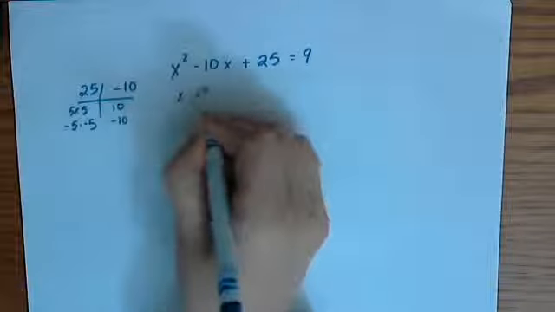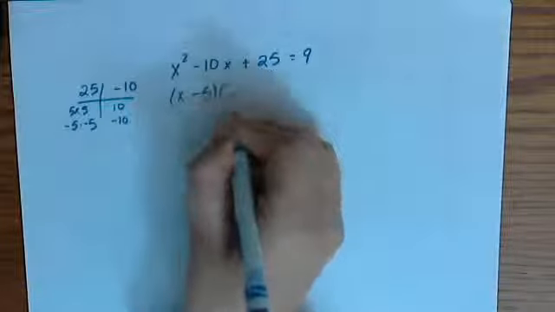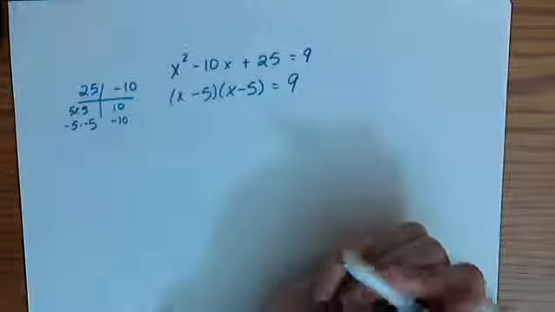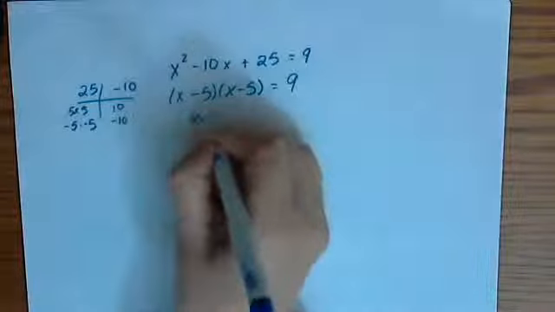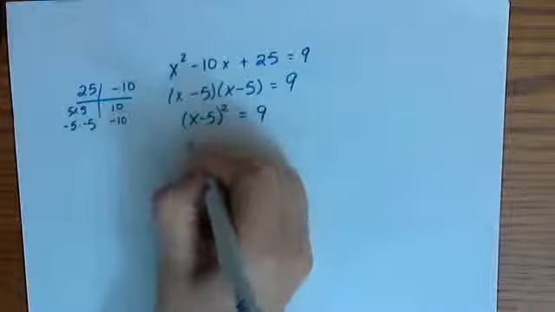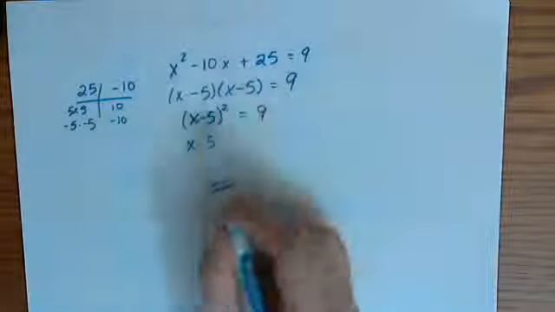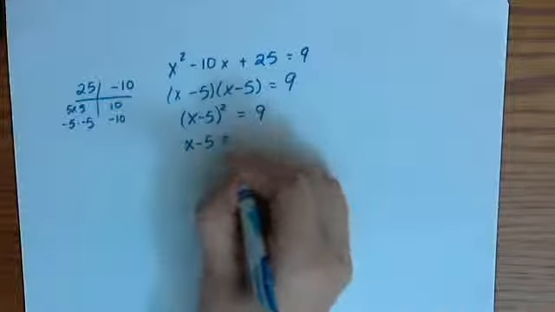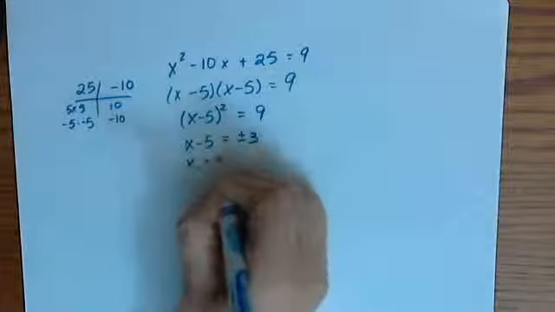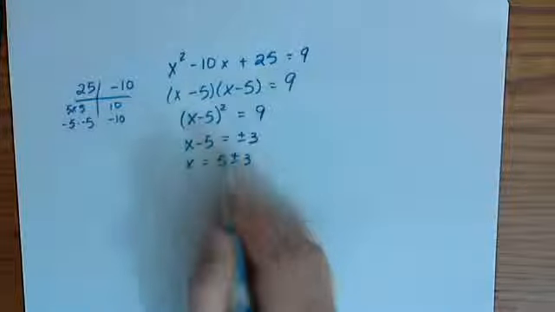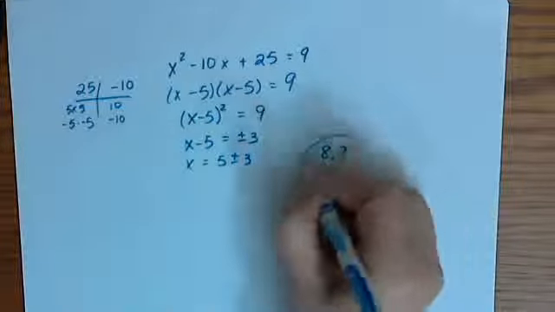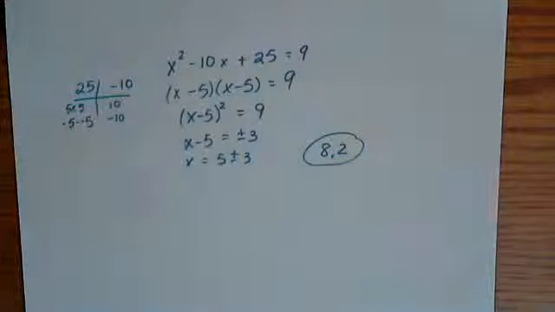So that's what I'm going to have. x minus 5 times x minus 5 equals 9, which is going to be x minus 5, quantity squared, equals 9. x minus 5, if I take the square root of both sides, equals plus or minus 3, and x equals 5 plus or minus 3. So 5 plus 3 is 8, and 5 minus 3 is 2. Those are the two answers that I could get.